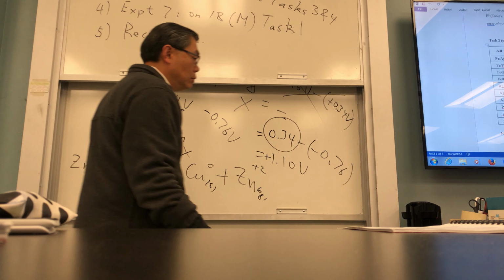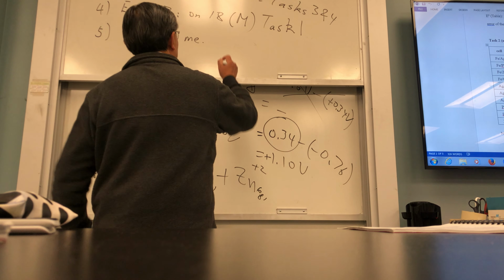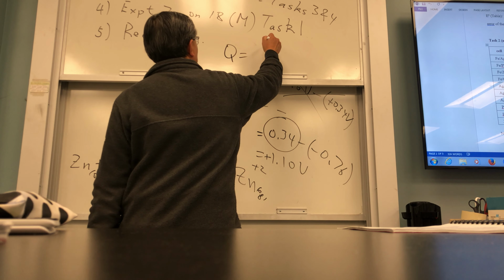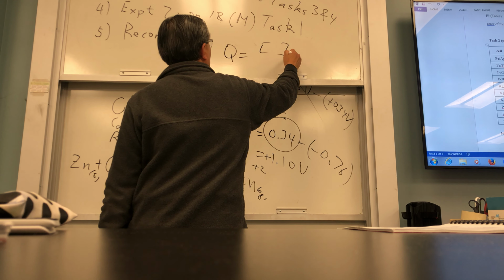So the Q really is the concentration of oxidation, or anode, over the cathode.